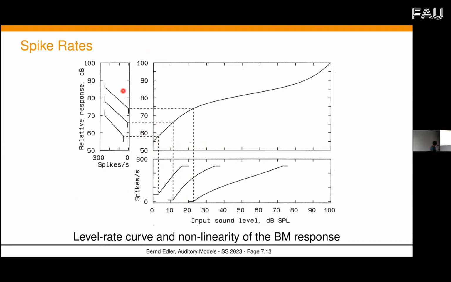But this is not the firing rate in spikes per second. What we see here can go way higher, but the connection of level and the relative response is shown here. Here is again the spikes per second, and this is then connected to this graph.